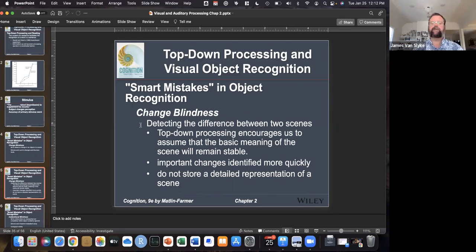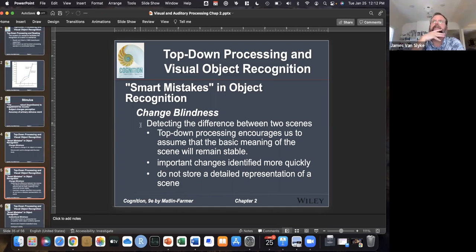So change blindness is detecting the difference between two scenes. The top-down processing encourages us to assume that the basic meaning of the scene will remain stable.